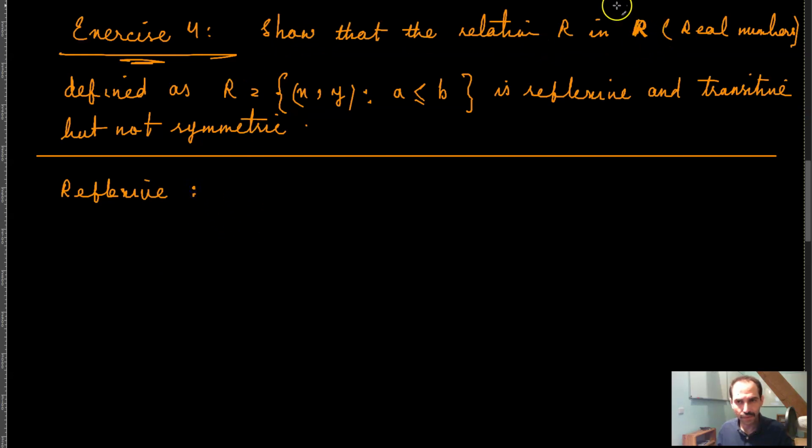We are working with the set of real numbers, and the relation is all the ordered pairs (x, y) such that x is less than or equal to y. So x is less than or equal to y means that x can be less than y, which means that it cannot be reflexive.